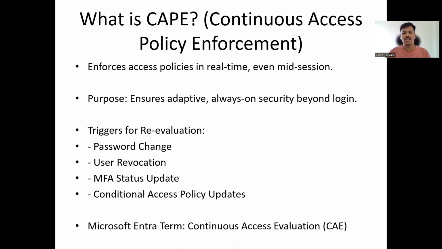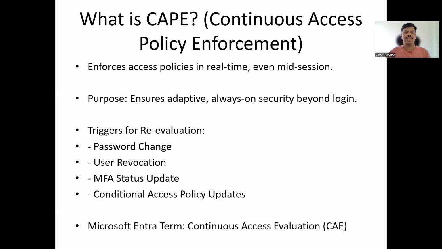Mid-session is when the user is logged into the system, accessing an application and using it actively, but evaluation is still going to happen. It makes sure that the user is appropriately logged in on the right set of devices, the right set of applications, with the right identity.